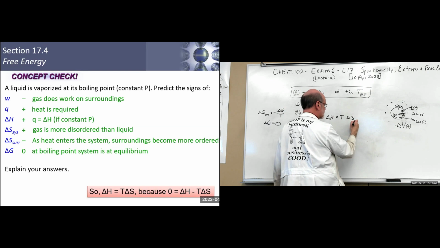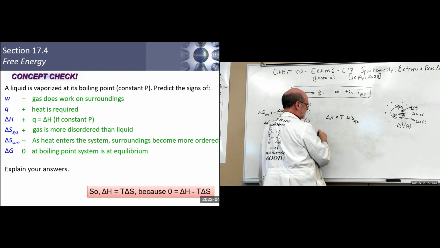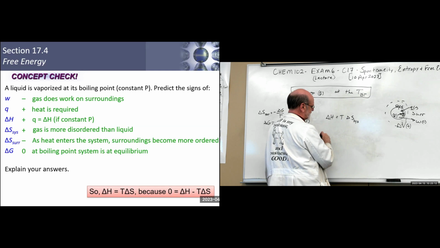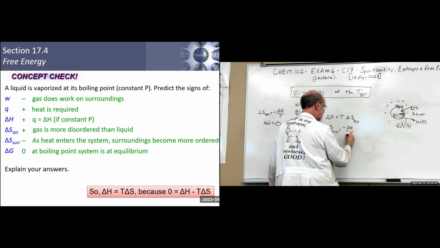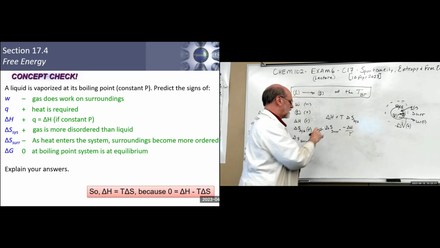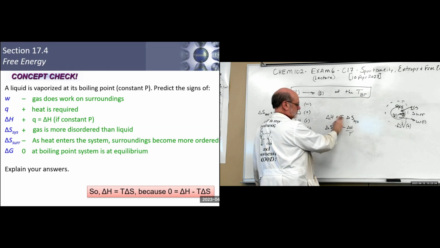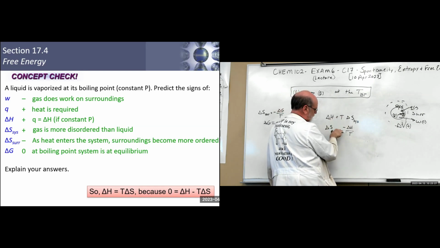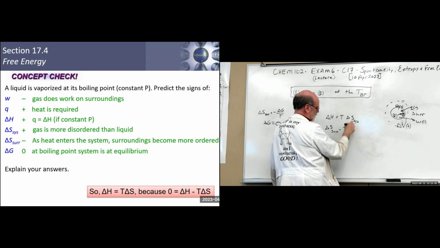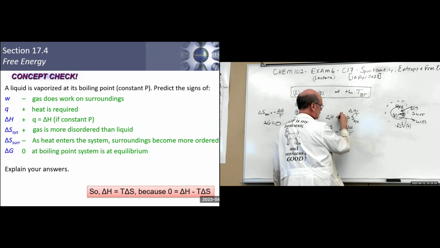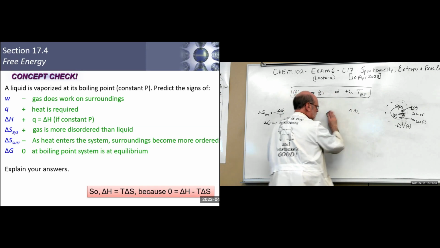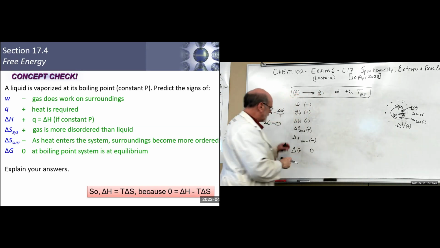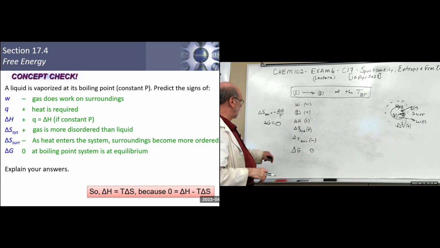Delta S, if this is system, delta S for surroundings, remember, is negative delta H over T. At equilibrium, they must balance one another. So all we have to do is change the sign. So this one is going to be delta H over T, which cancels the T, and delta H equals delta H. So what we've got is an equilibrium situation where the delta S's are balanced.